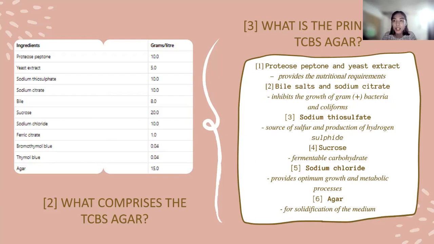selective and differential medium. Okay, so in number one, we have the protease, peptone, and yeast extract. In harmony, they work together to provide the nutritional requirements. Meaning to say, these two ingredients are the source of nutrition of our microorganisms that are growing in our TCBS agar.